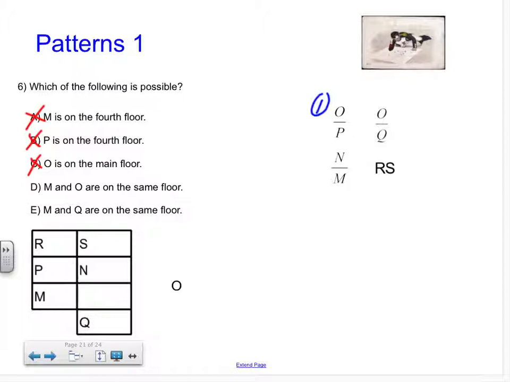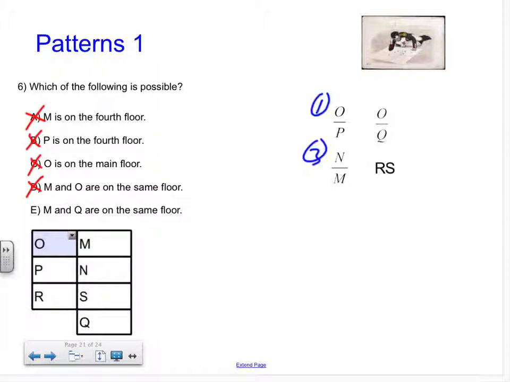And there's really only one other place, which is the 3rd floor. So let's put R and S in the bottom, P and N together, and O and M together. So again, this breaks condition 3. So M and O cannot be on the same floor.